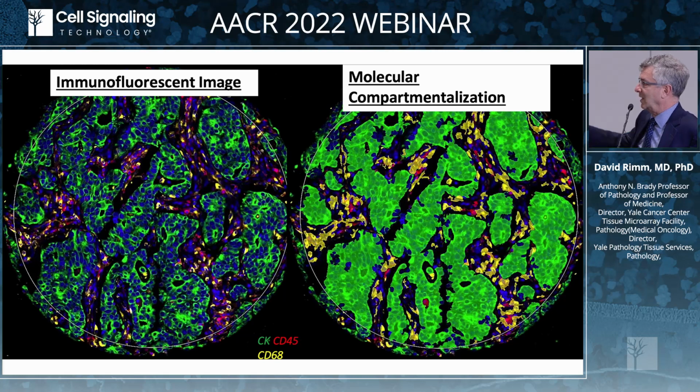And then CD68 is the compartment that is covered in yellow here, and those are the macrophages. Or you can combine keratin and everything not keratin and call that stroma. And we frequently do that in the lab to define tissue, because stroma is really hard to segment. In fact, I have yet to see a program, any software, that can segment fibroblasts. For all you segmenters in the audience, I challenge you to segment fibroblasts consistently.